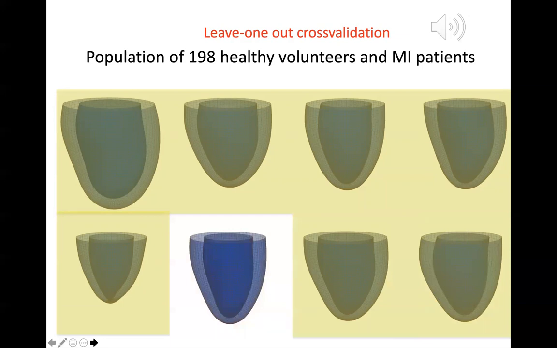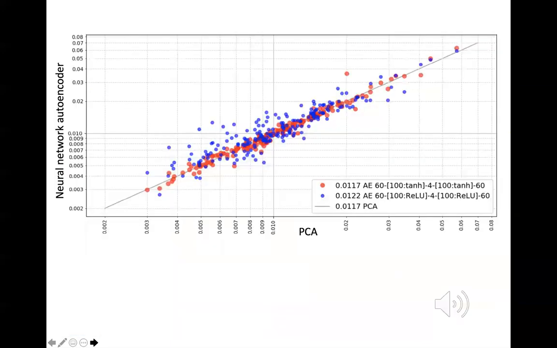and so on. The following scatter plot compares the 198 out of sample reconstruction errors between PCA, shown on the horizontal axis, and the neural network autoencoder, shown on the vertical axis. The neural network autoencoder was trained twice for 2 different transfer functions, and that is represented by the 2 different colors, red and blue.